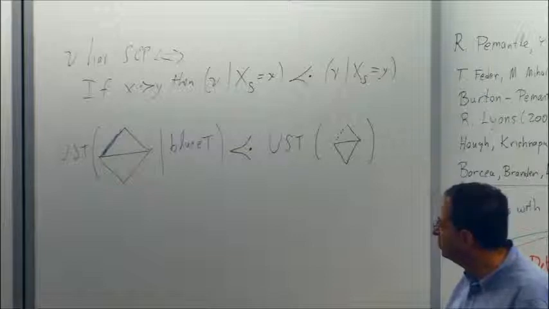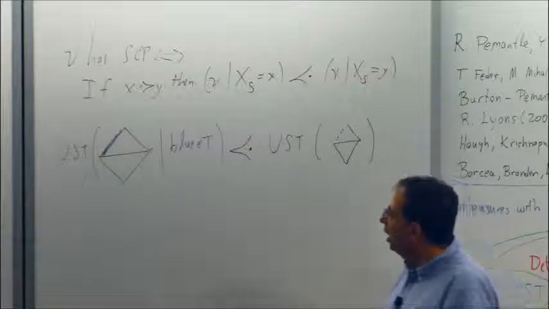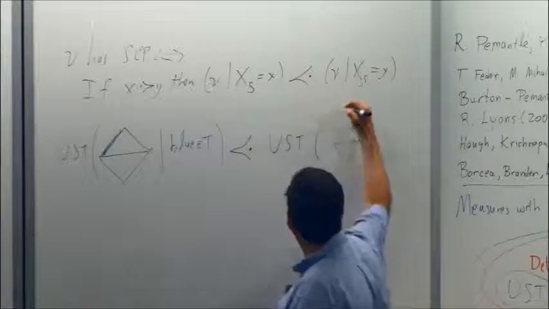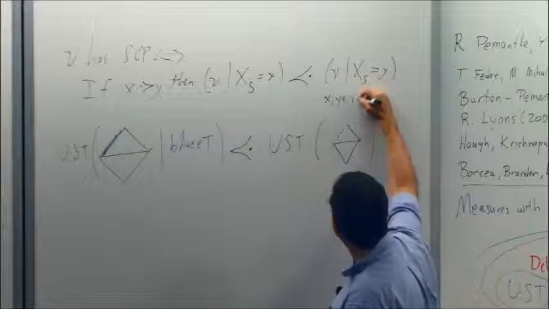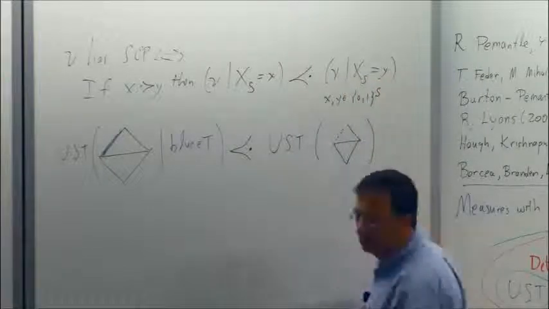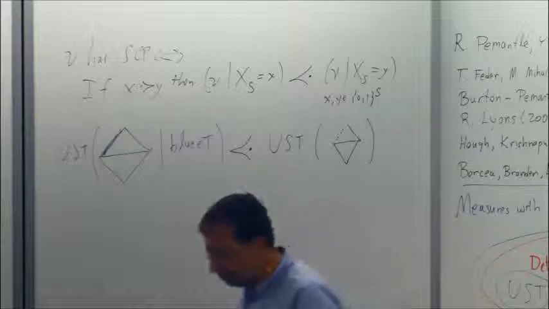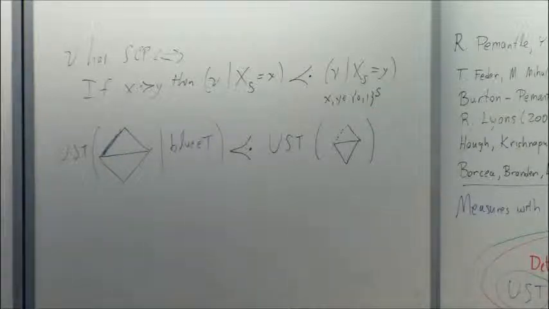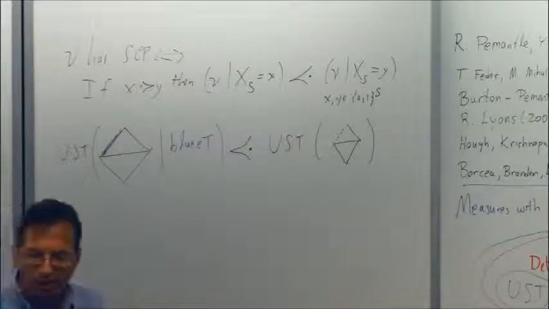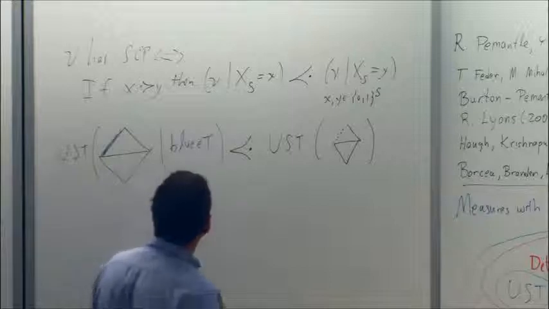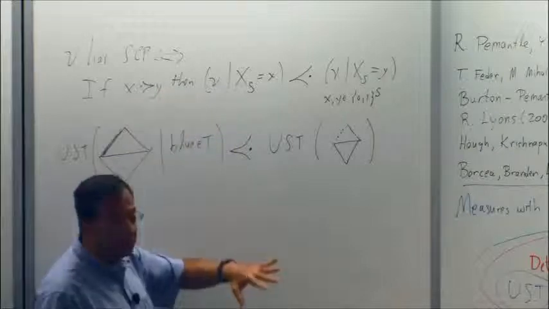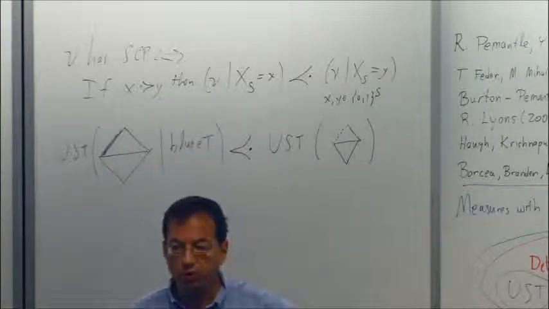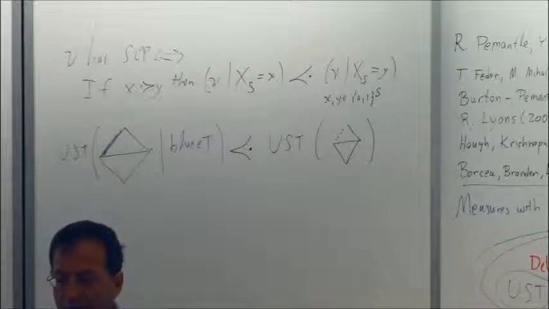When you say x bigger than y, do you mean restricted to S? So x and y, I should have emphasized, x_S equals x. So this means x and y here are in {0,1}^S. Thank you. Okay. So I have vectors x and y which are just defined on S. And x is bigger than y by 1 on S. Now I look at the complement of S, the other variables, and there I want the relation to reverse.